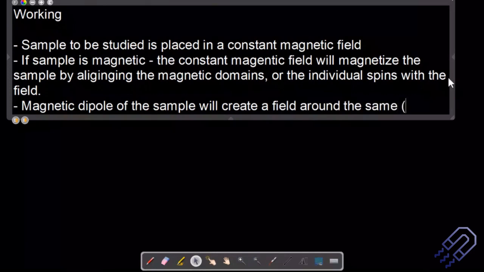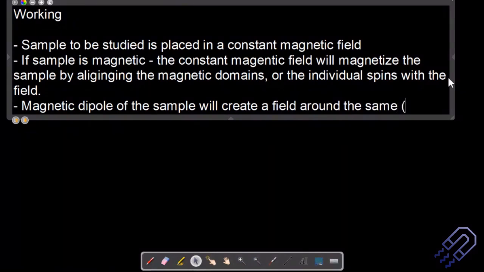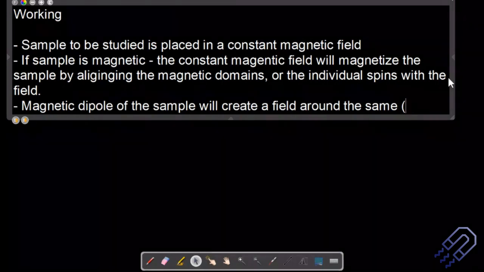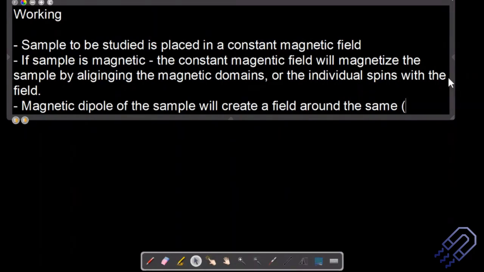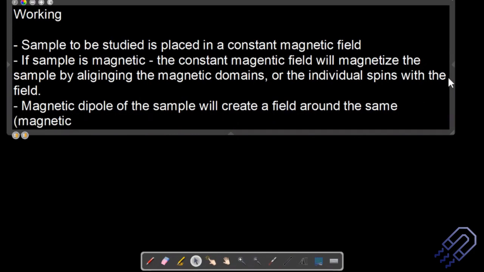So what happens is that you apply a magnetic field, the domains get aligned and the spins get aligned, and magnetic dipoles get created in the sample. That magnetic dipole will create a field of its own around it, and that field is called the magnetic stray field.